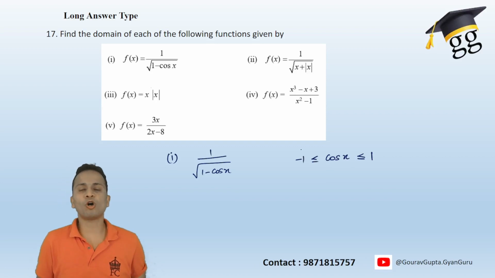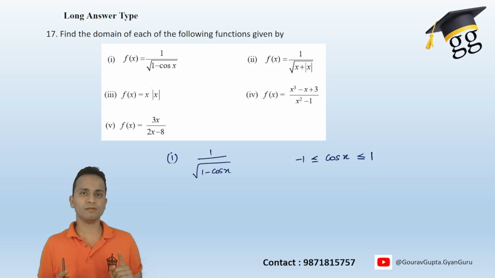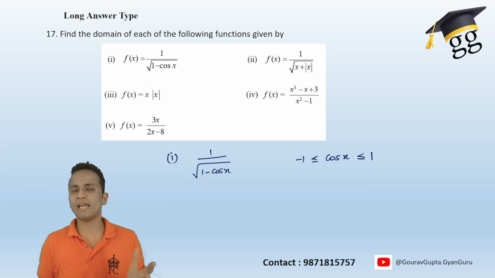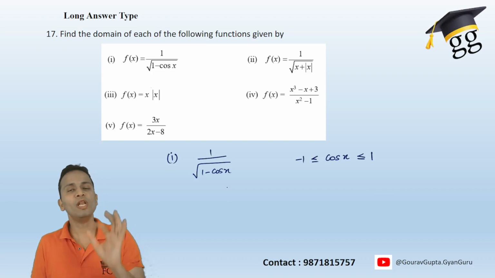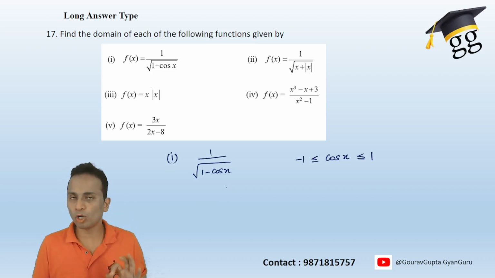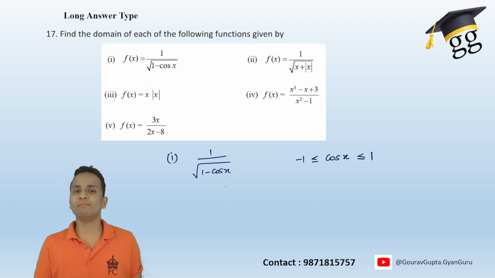So the value of cos x lies starting from minus 1 up till plus 1. So if the value of cos x is between minus 1 and plus 1, I can say that 1 minus cos x will always be a positive number or it can be 0.